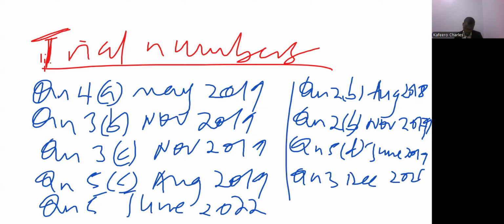There are very many questions. Then finally, if you want to look at more, you can also look at question 5, November 2011. There are very many questions that you can look at.